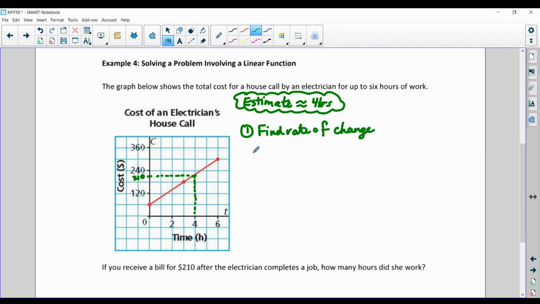for this question. So the rate is the change in dependent over the change in independent. And here, it seems like it went up $120 over 3 hours. Now, how do I know that? I'm going to draw a helpful triangle between these two dots. So from this dot over and this dot up.